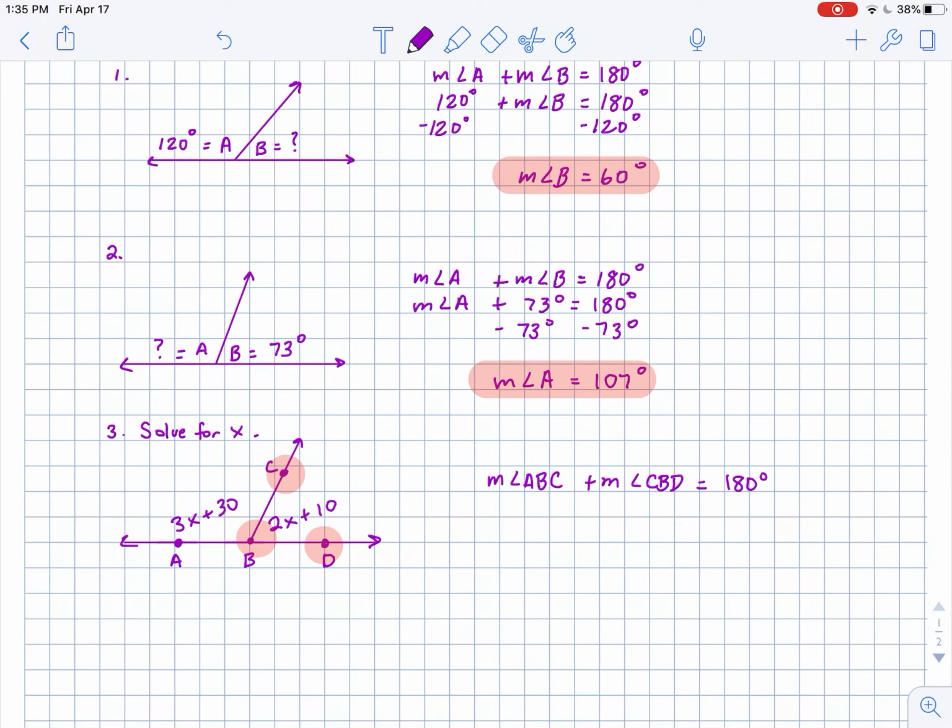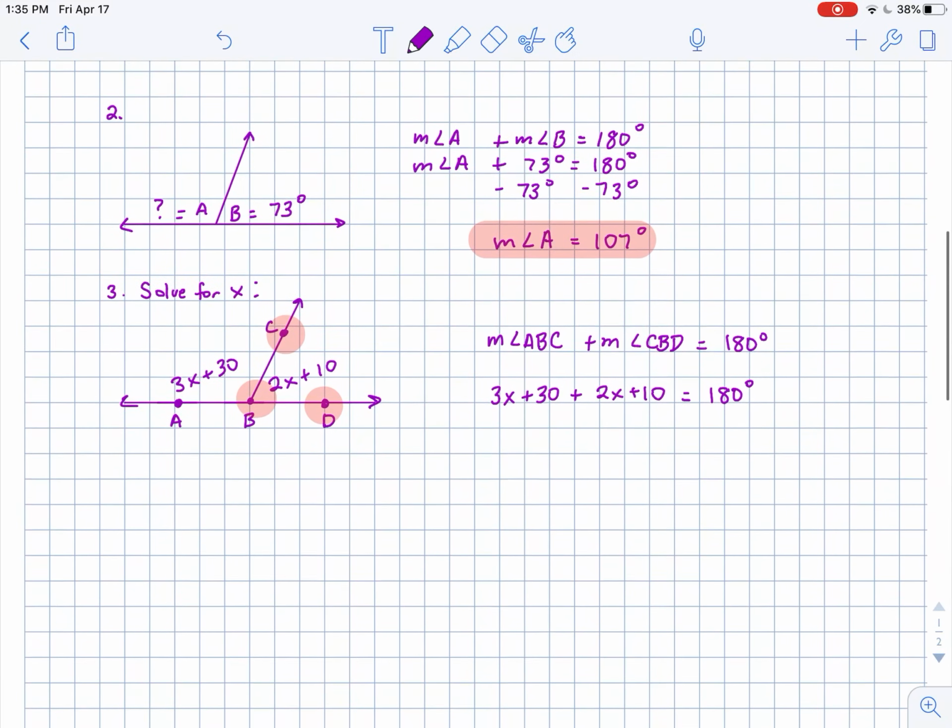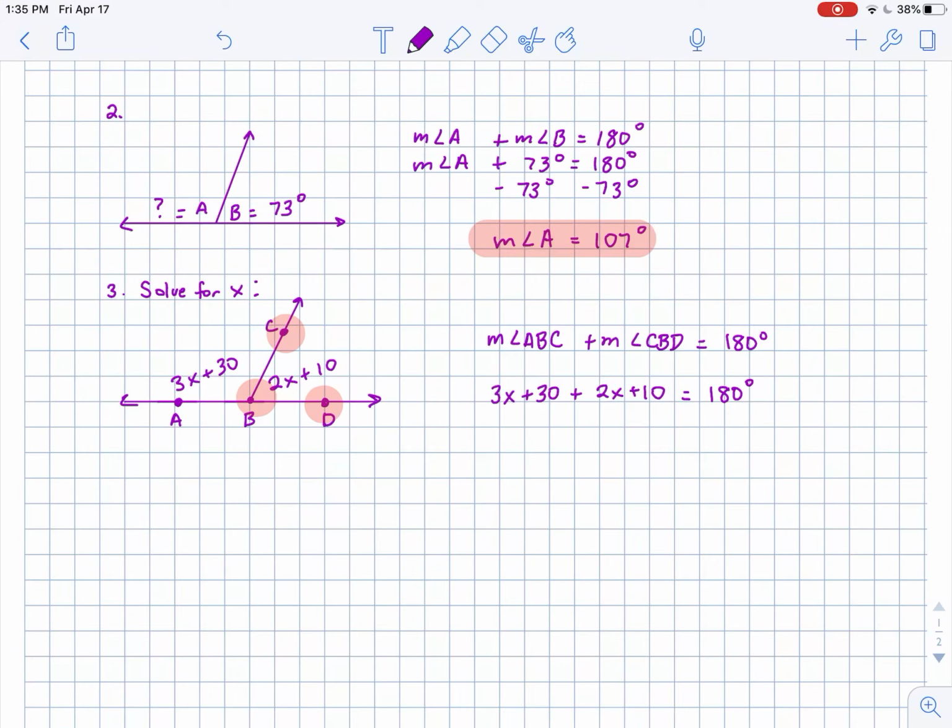Okay, so if I'm solving for x, I need to plug in ABC and angle CBD. Okay, so measure of angle ABC, we have 3x plus 30. And for the measure of angle CBD, we have 2x plus 10. And together, they equal 180 degrees. Now, combine like terms. 3x and 2x makes 5x. 30 plus 10 make 40.